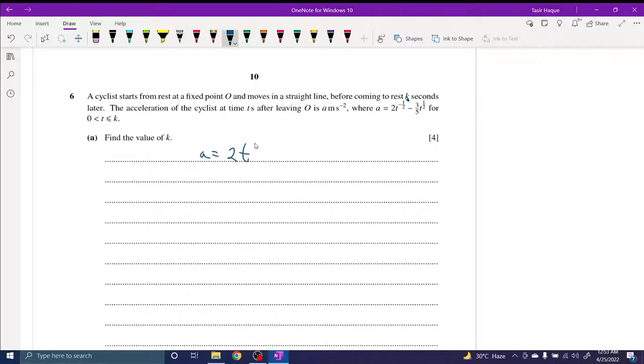A is equal to 2t to the power minus half, minus 3 by 5 t to the power half. So what is velocity going to be? It's just going to be the integration of this. So 2t to the power half divided by half, minus 3 by 5 t to the power 3 by 2 divided by 3 by 2, plus c.